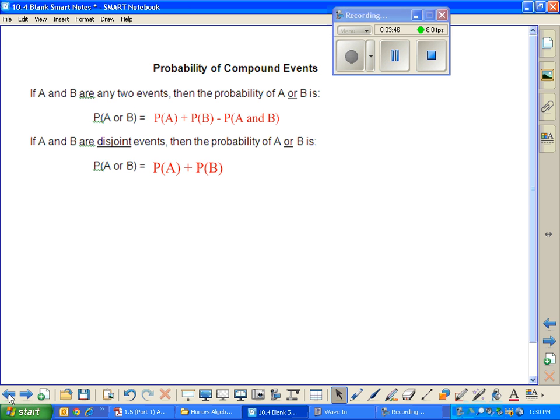While you're writing these down, take a moment and think, why are we subtracting the probability of A and B in that first part? Think about what is happening, and I think it helps to look at those 3 diagrams. We're adding the probability of A and the probability of B. Then we have to subtract. Alec, do you have an idea?